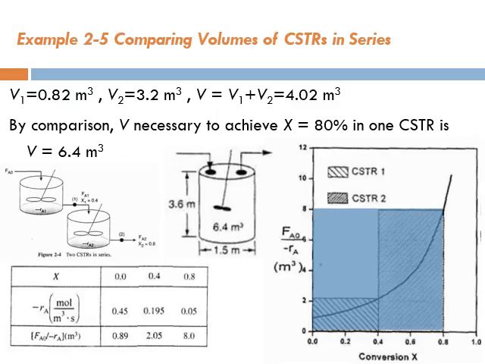We can also find out the difference between the volumes by looking at the Levenspiel plot, the shaded area. See that the area for the first reactor is here, the area for the second reactor in series is this, but if we compare it to the area for a single CSTR, it's this.